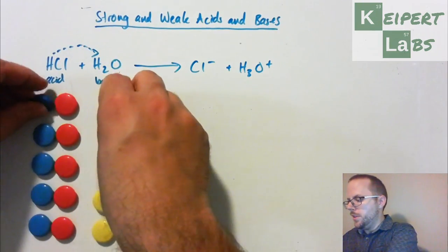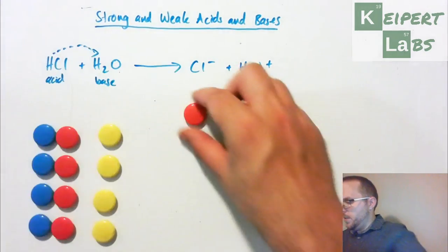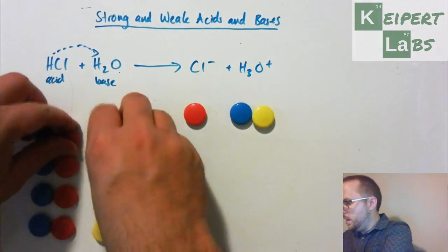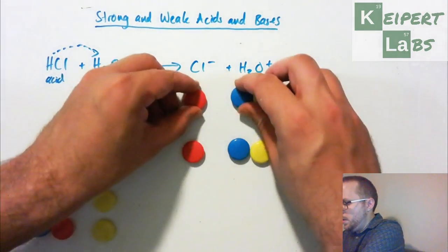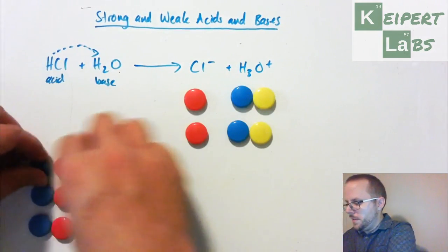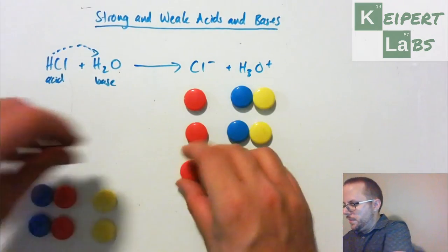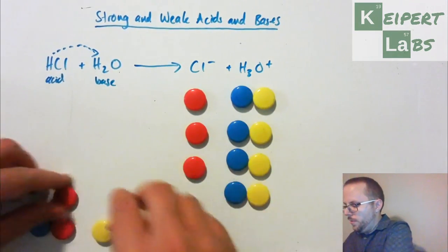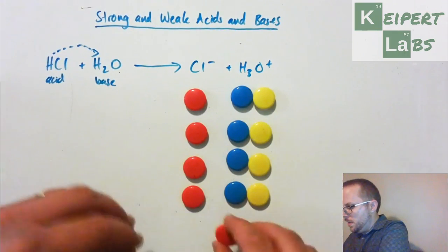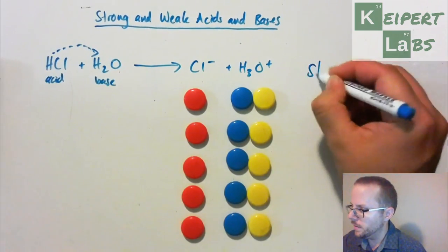So the proton is donated to a water molecule to make H3O+, and we're left with Cl- over here. Each one of these will undergo this process, so we're getting this different pairing happening over here, and we're getting all 5 of them. We would call an acid like this a strong acid.